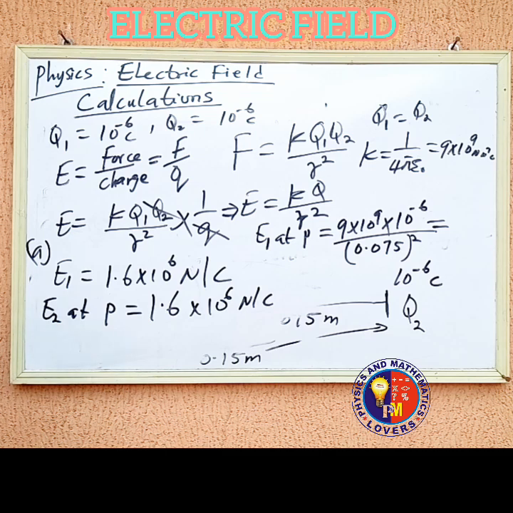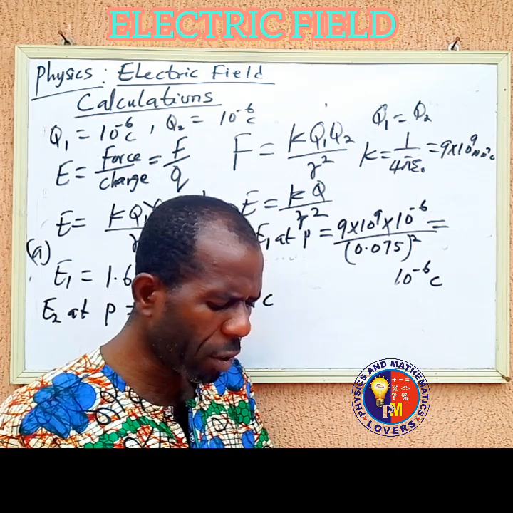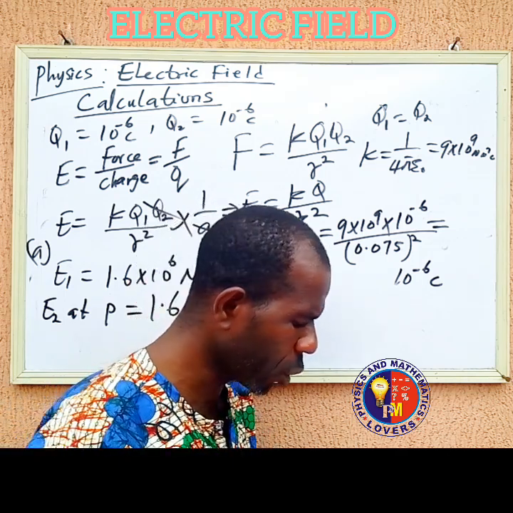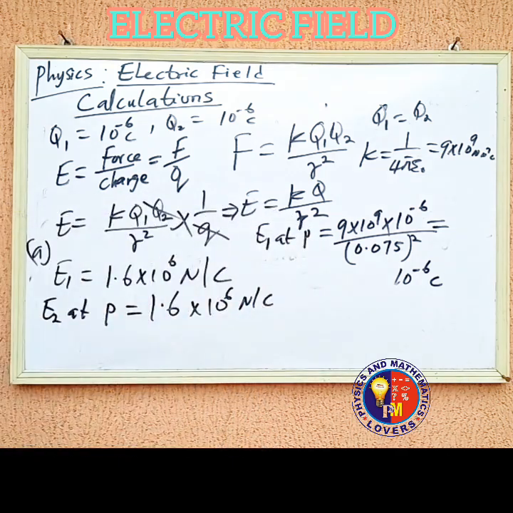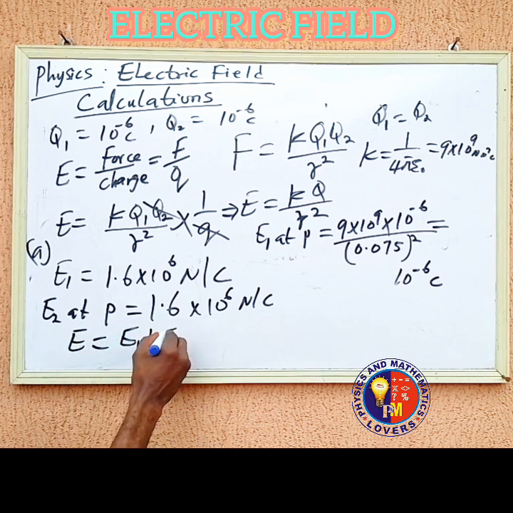So let us look at question B. Question B says, for similar charges in opposite direction. Since both of them are acting opposite to each other, we are going to have an effective strength, which will give us E1 plus E2.